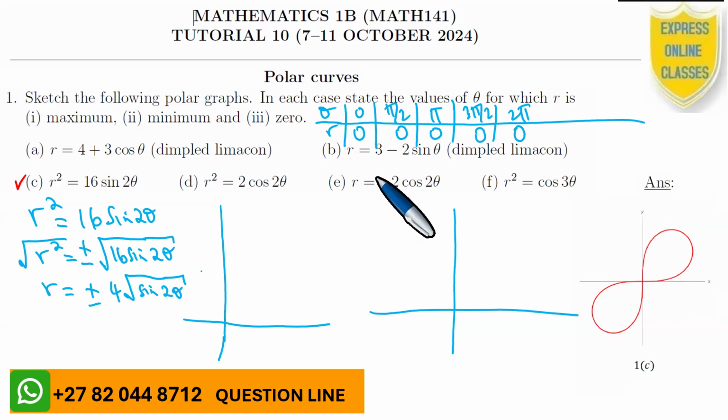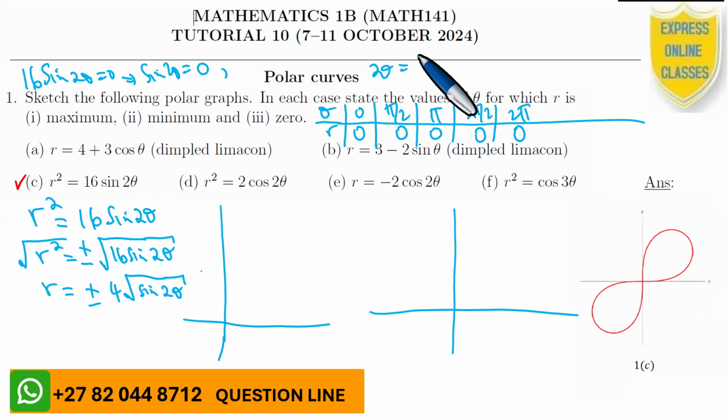whenever the square root of 16 sine 2 theta becomes 0, which means the sine of 2 theta becomes 0, which means 2 theta becomes 0, or pi, exactly pi.